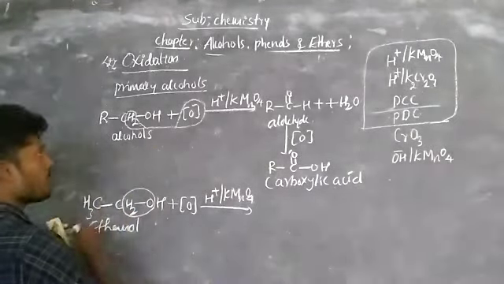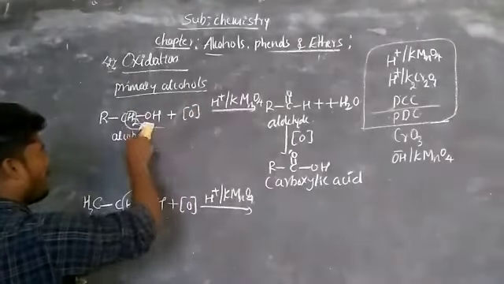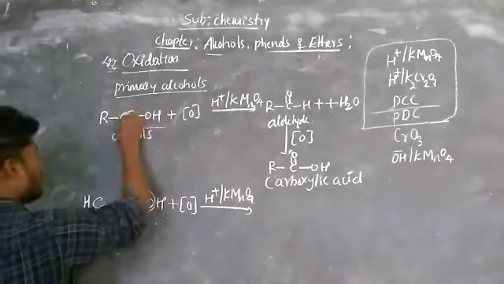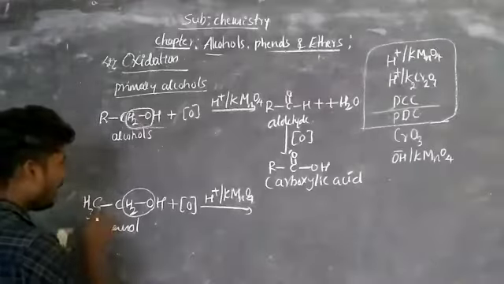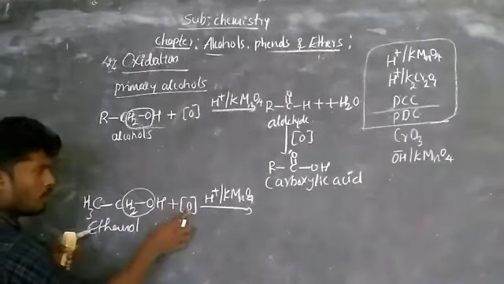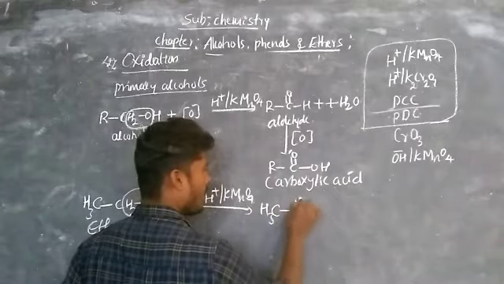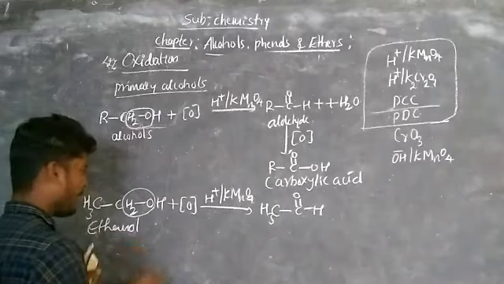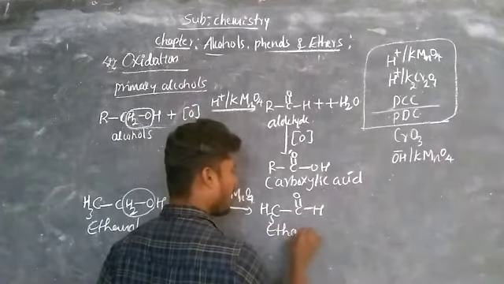Or here also you can show it like that. If it is difficult to show, it can be written like that. CH2, this hydrogen and this oxygen become water, and the remaining is CH3-CHO, that is CH3-C(=O)-H. This is ethanal, also called acetaldehyde.